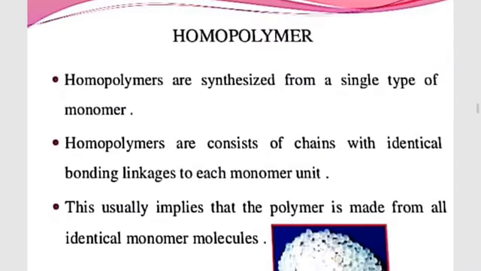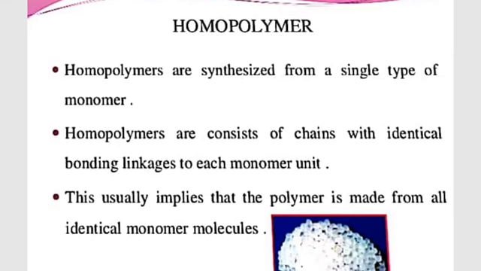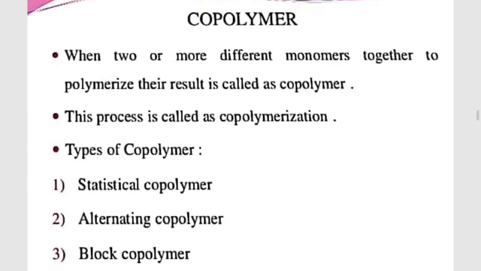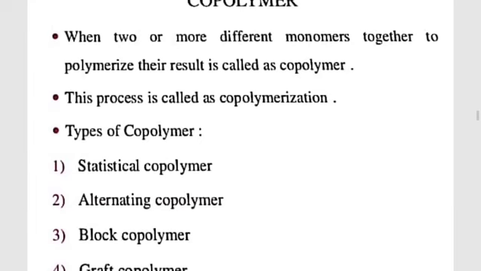Now in addition polymers, you have the term homopolymer. Homo means if the monomer is of the same kind, a single type, then we call it a homopolymer. Like polythene, it is made only of the monomer ethene. Only a single monomer is polymerizing. A copolymer is when two or more different monomer units combine to give a polymer.